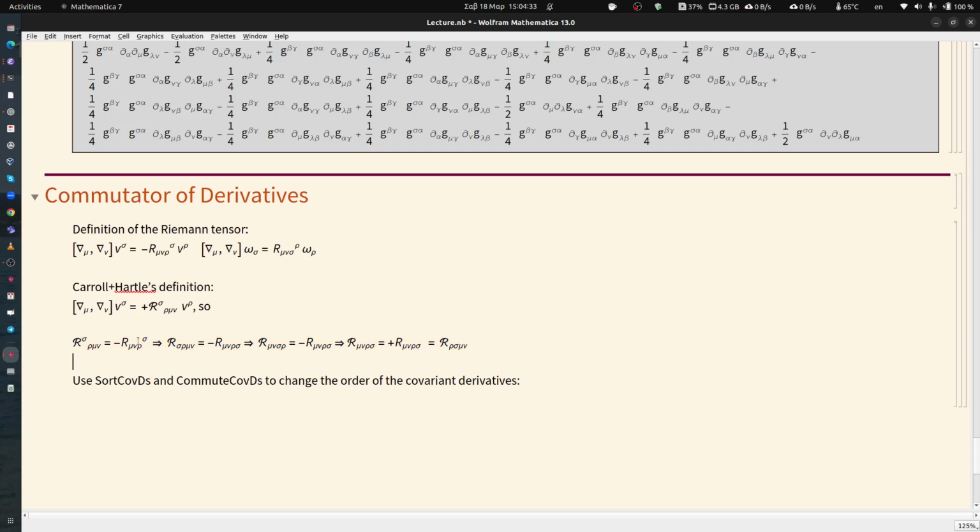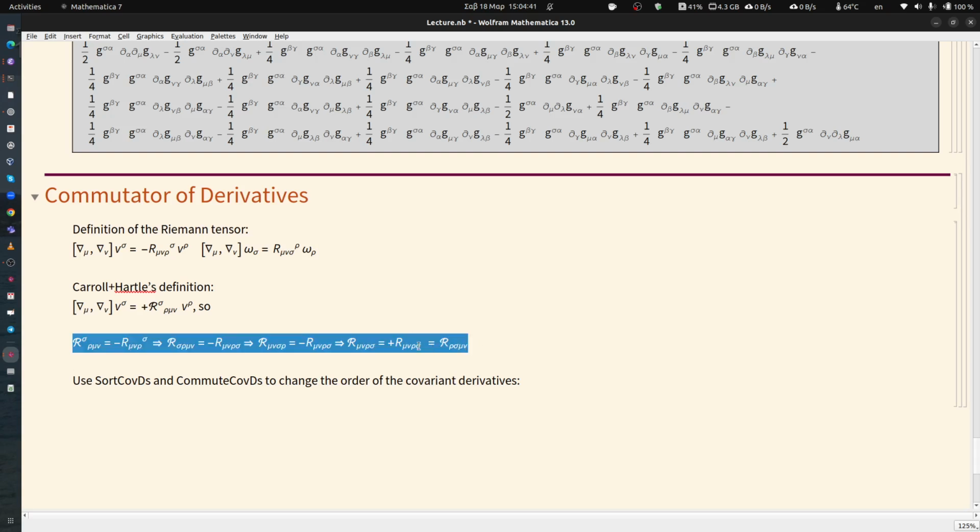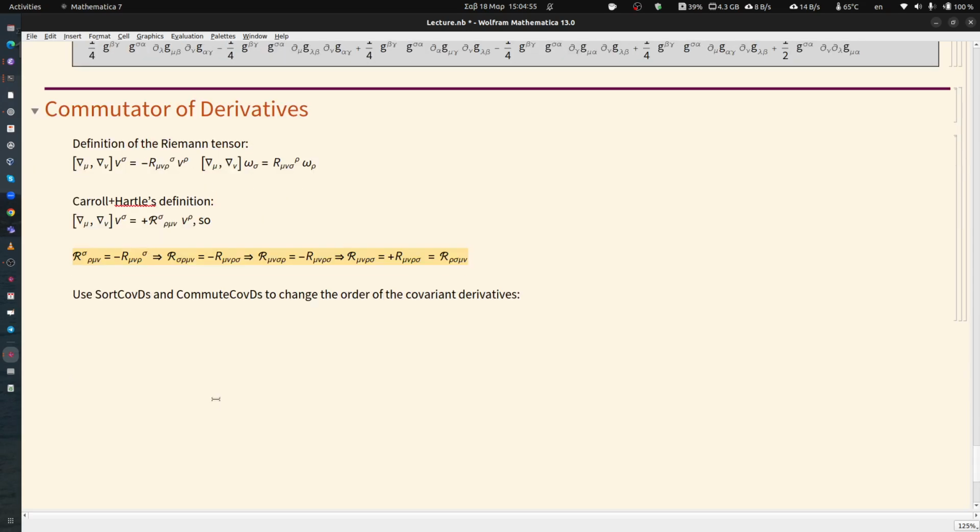So the Riemann tensor has a minus sign with this placement of the indices, but notice that if you consider the Riemann tensor with all the indices downstairs, then the two definitions coincide, using the symmetries of the Riemann tensor.